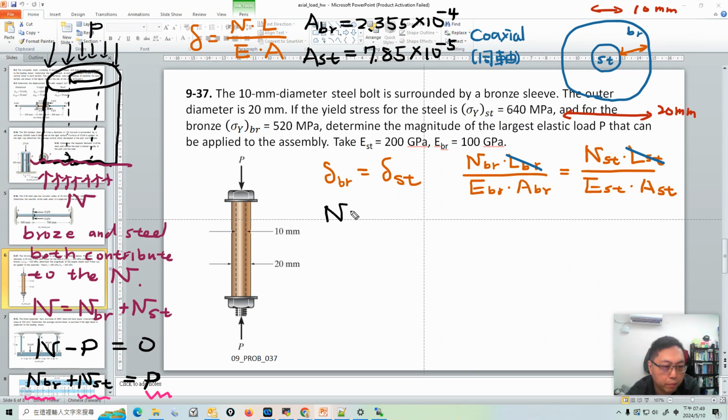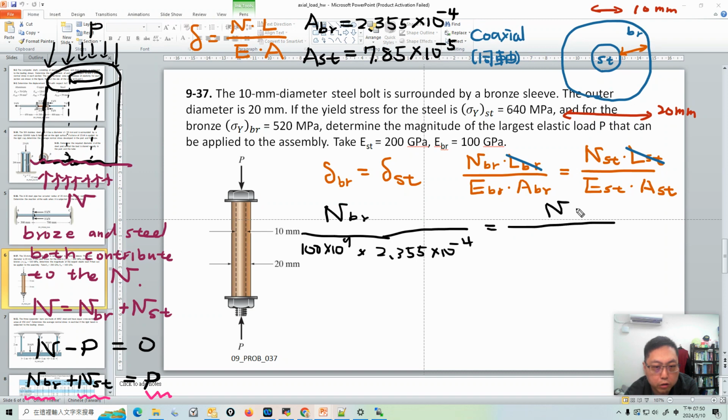So we will have the N_BR, so E_BR times A_BR. E_BR is 100 gigapascal. And what was A_BR? A_BR is 2.355 times 10 to the power minus 4, and equal to the N_ST. And E_ST is 200 gigapascal, and times what's A_ST?